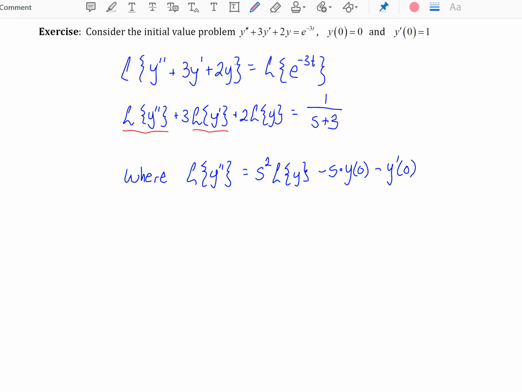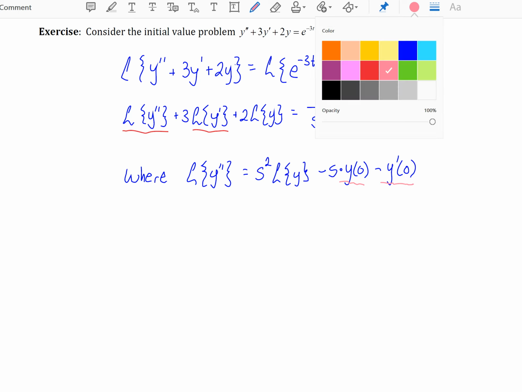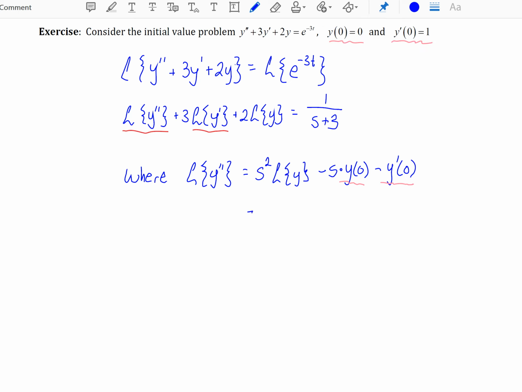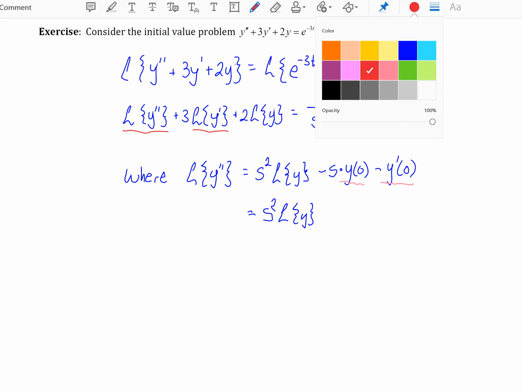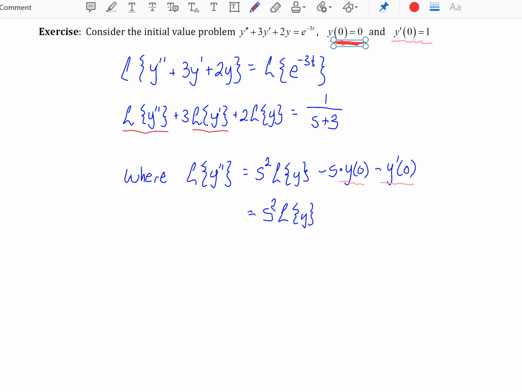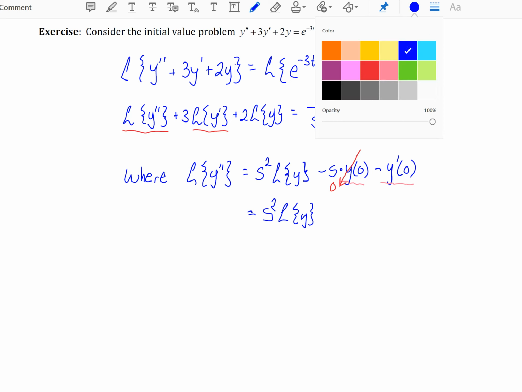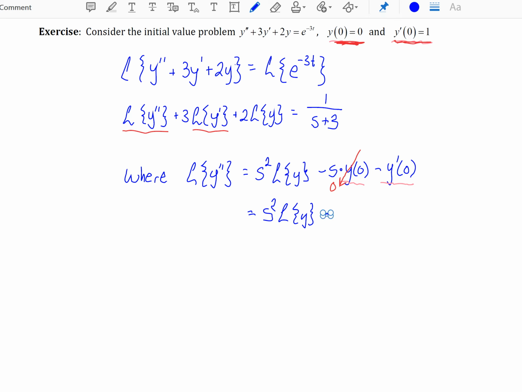You'll notice y of 0 and y prime of 0 are both given by our initial value problem. So we'll make our substitutions: s squared Laplace of y. Since y of 0 is 0, this term goes away. And y prime of 0 is 1, so we'll have minus 1.